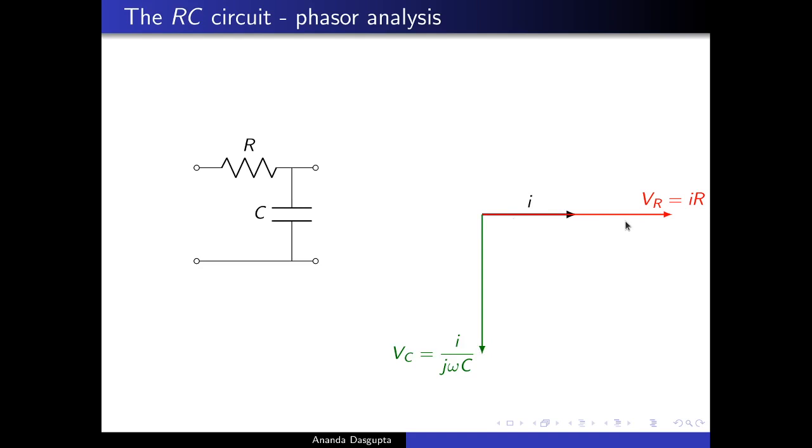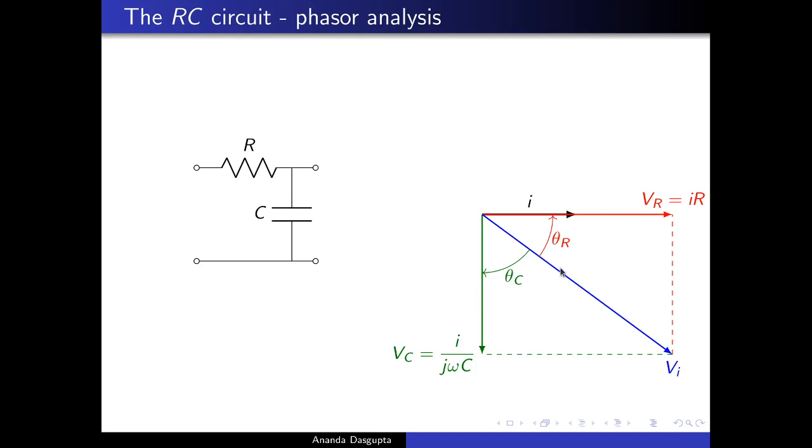So what about the sum of the two, which is the overall EMF input to the circuit according to Kirchhoff's voltage law? As you all know, to indicate the sum of two complex numbers, you need to use the parallelogram law. Or more precisely in this case, just the rectangle law. You draw a rectangle with VR and VC as two sides, and the diagonal gives you VI, the input voltage. And these two angles are really the critical things here. Theta C is the phase angle by which the capacitor voltage lags behind the input voltage.